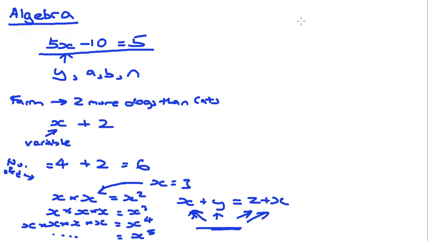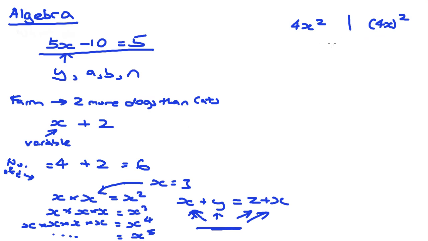So let's look at some examples. We have an algebraic expression for 4x squared, and we have 4x in brackets squared. Are these two the same?